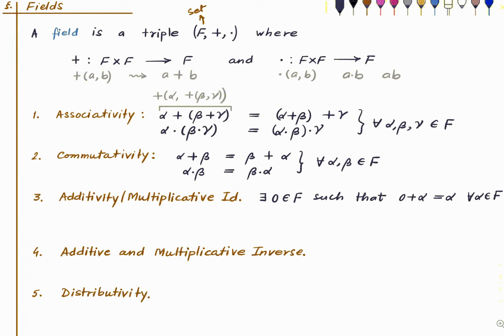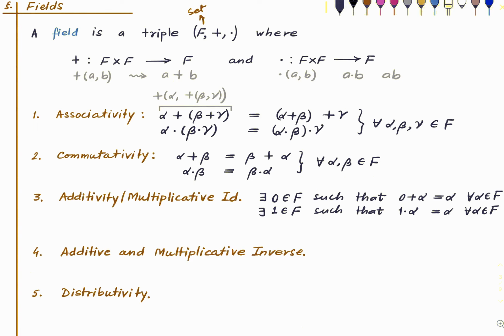And there exists an element, again which we will call 1, but nothing to do with rational numbers, such that 1 dot alpha is alpha for all alpha in F.